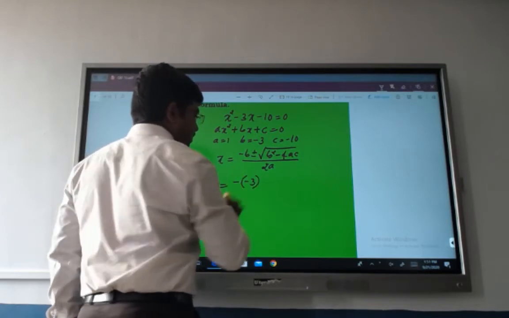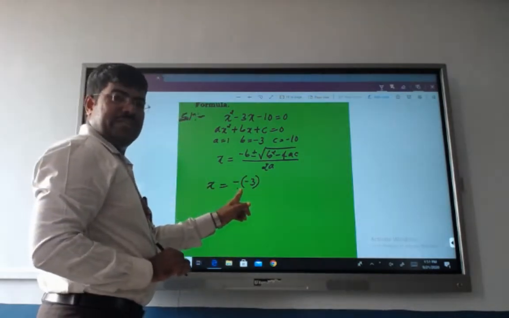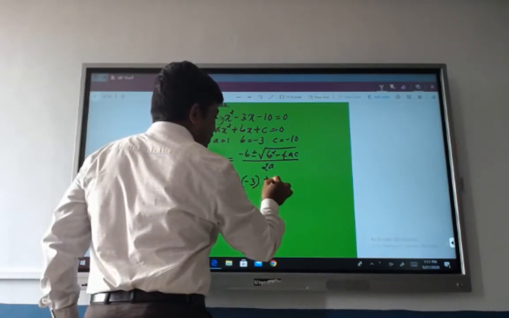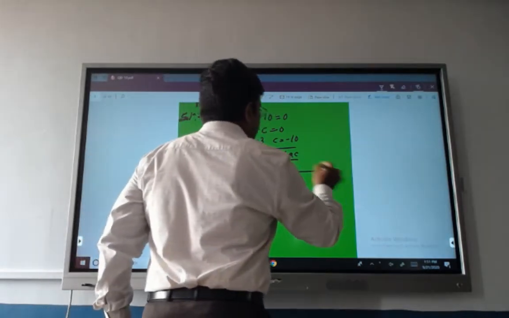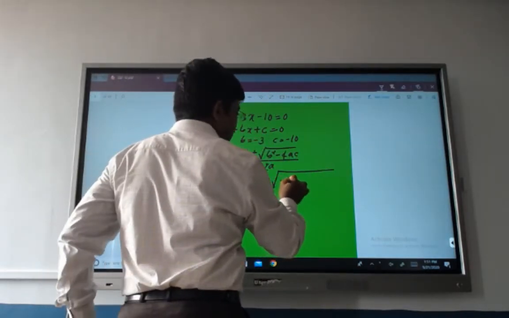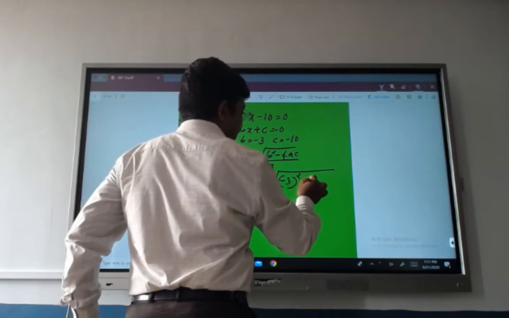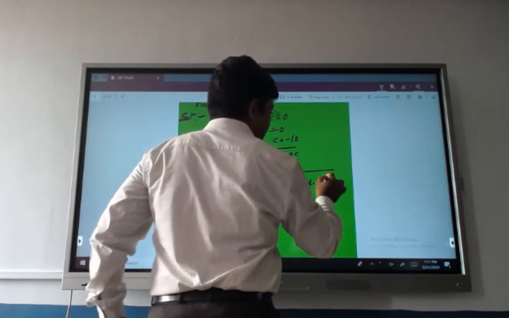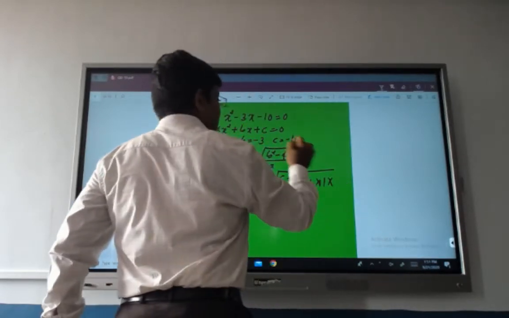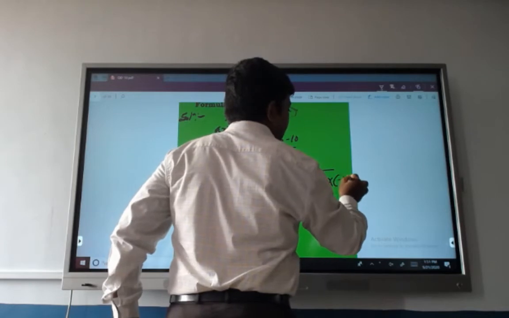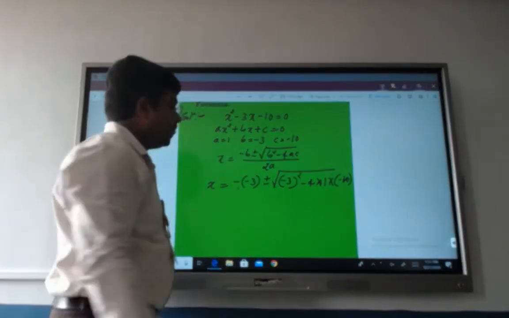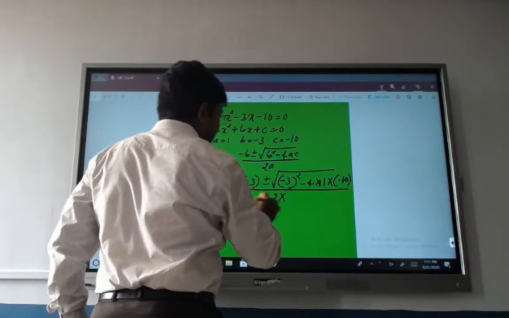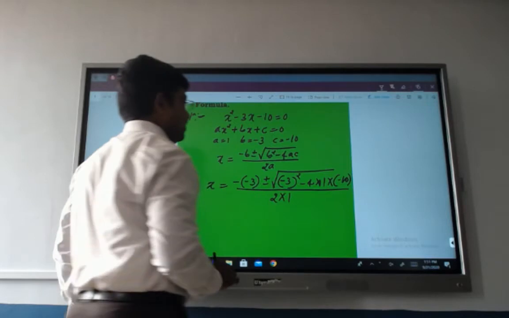Then plus or minus square root of b square, minus 3 bracket square, we will take minus 4ac. So a means what here, a is 1, into c is minus 10. Yes, we'll write minus 10. Then whole divided by 2 into a, a we will take 1.